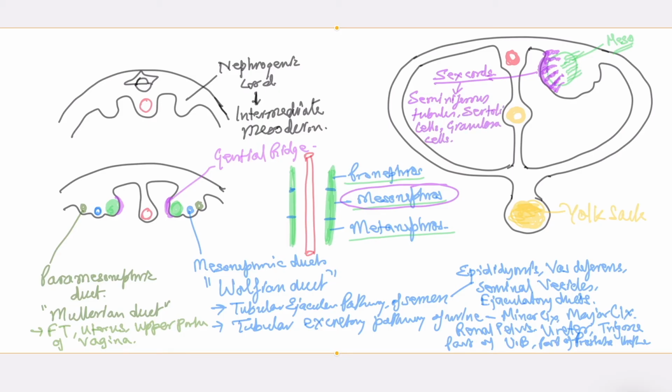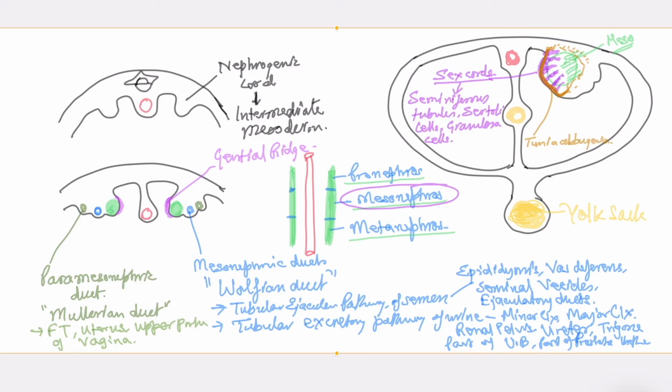Then later, there are these mesenchymal cells surrounding, right? These mesenchymal cells invaginate and separate out the sex cords which were formed from the mesothelial epithelium. That separation by the mesenchymal cells leads to the formation of the tunica albuginea.